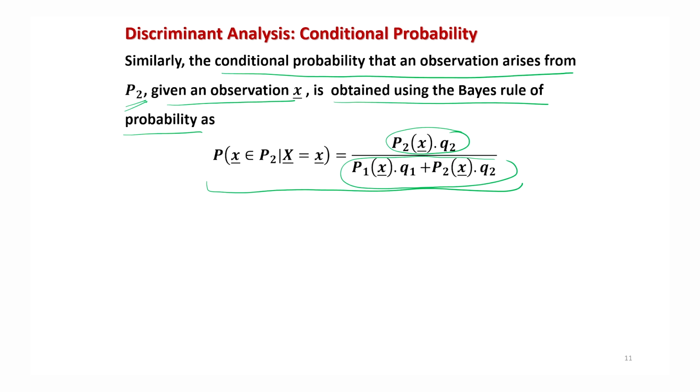So now you have the probability of x belonging to P1 or P2, right? Now what you have to do is assign this observation to the population wherever this probability is higher.